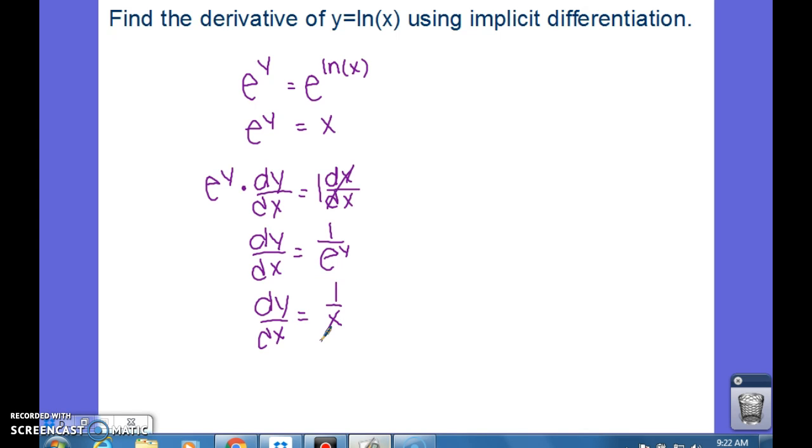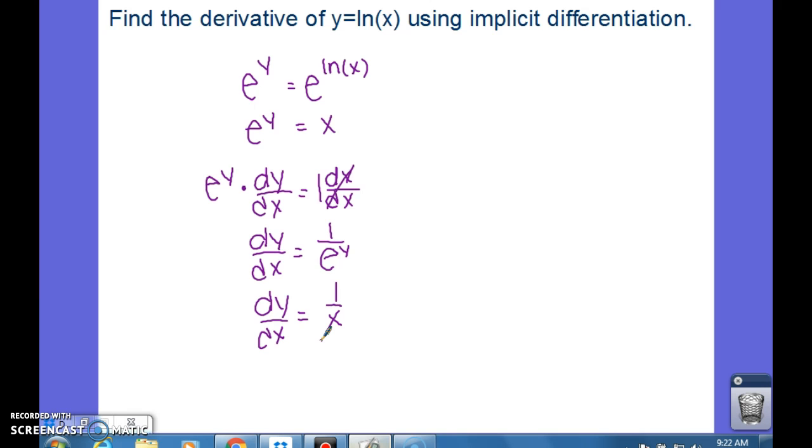So what that means is the derivative of the natural log of x is equal to 1 over x.